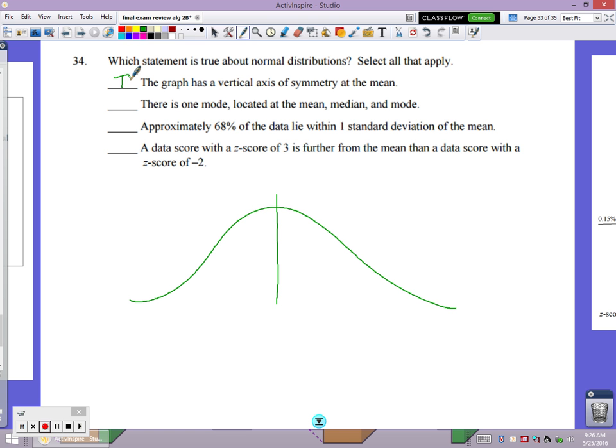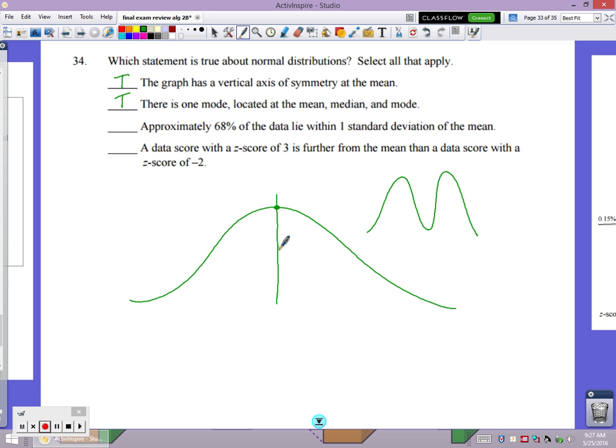Okay. There's one mode located at the mean, median, and mode. Okay, there's one mode, meaning it only has one peak, one place where it had the highest number of entries. And that is also true. It's not bimodal, right? It doesn't have 2 modes. It only has 1. Okay?